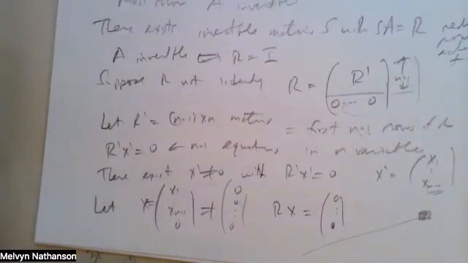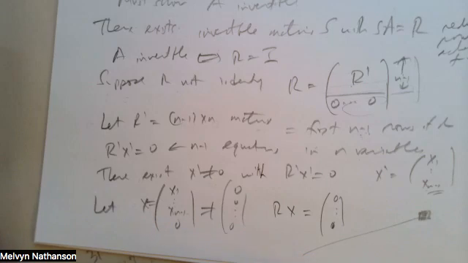These are somewhat deep facts about systems of linear equations and matrices. A matrix is invertible if and only if its reduced row echelon form is the identity. A matrix is invertible if and only if it's a product of elementary matrices.